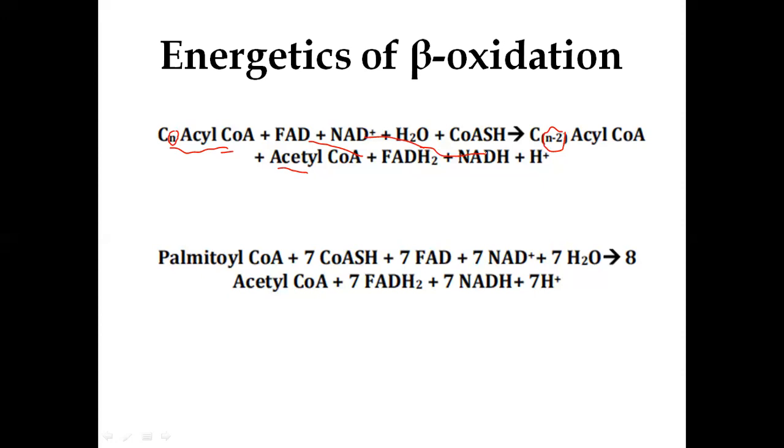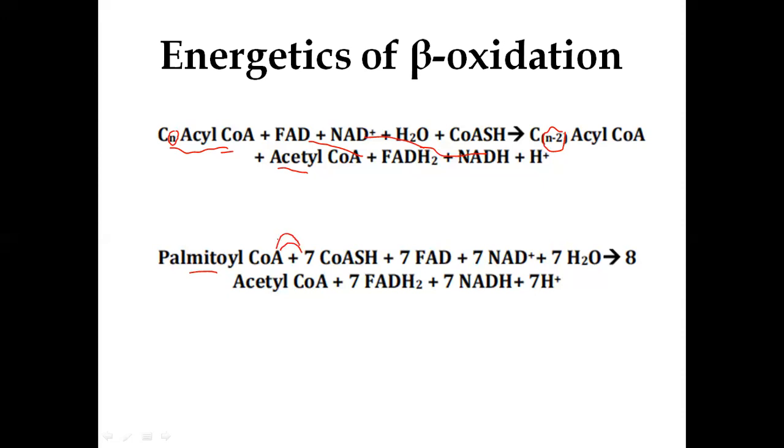If you take palmitoyl CoA, this palmitoyl CoA is a saturated fatty acid containing 16 carbon atoms. So this 16 carbon saturated fatty acid will undergo beta oxidation 7 times.